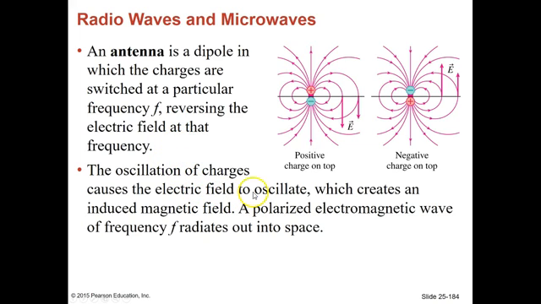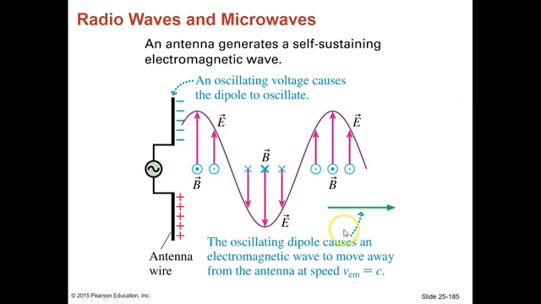The oscillation of the charges causes the electric field to oscillate, and that creates a magnetic field, and that polarized electromagnetic wave radiates out into space. That's how we pick up not just radio transmissions for radio stations, but also your cell phone works the same way.